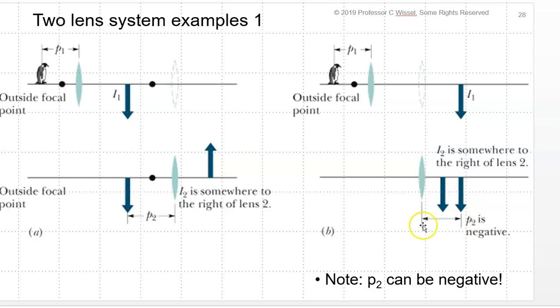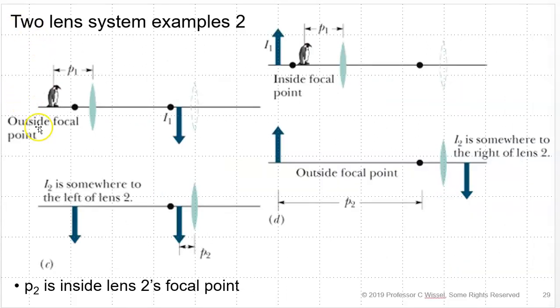So this means P2 is negative. So be very careful with this. And then it's going to form a virtual image, which will have the same orientation as this. So it's going to be still upside down. So P2 can be negative. If that's true, be very, very careful with the sign. Please don't do this when you're tired, because I've done that before and chased the negative sign all over the place.